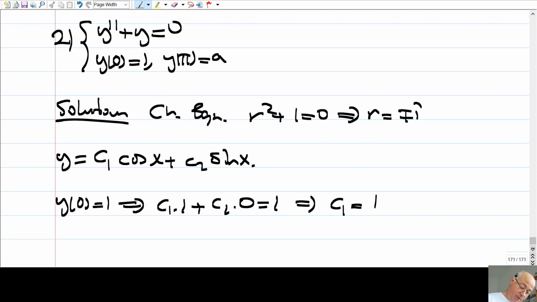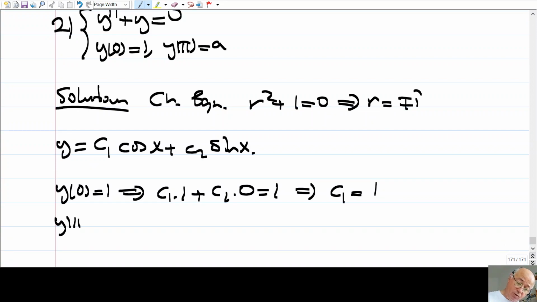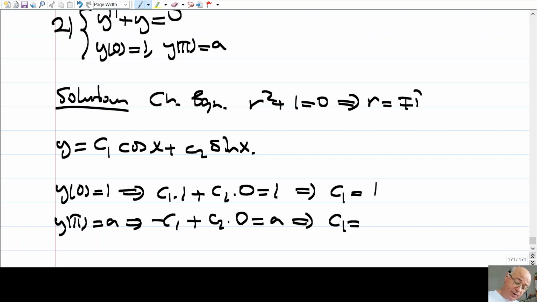And the second initial condition gives us what? When I plug in pi, I get minus c1 plus c2 times 0 again is equal to a. So we see that c1 is equal to minus a.